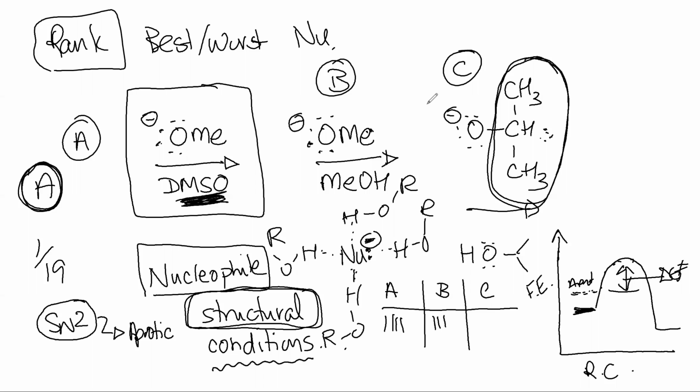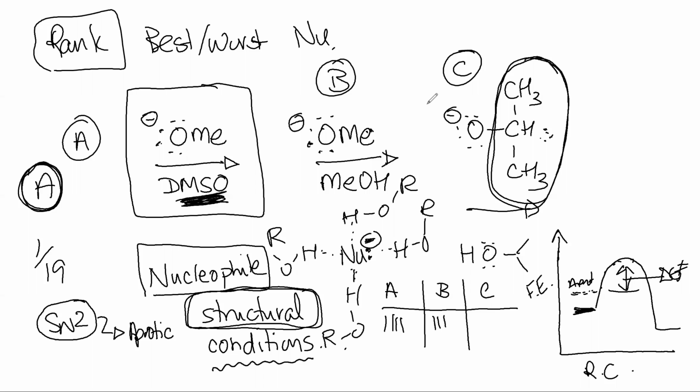Attacking a nucleus is a lot different than grabbing a proton. Protons are small, they're easy, they're more on the periphery, so they're easier to pick off, so to speak. Whereas if you want to attack a nucleus, sterics plays a much larger role.